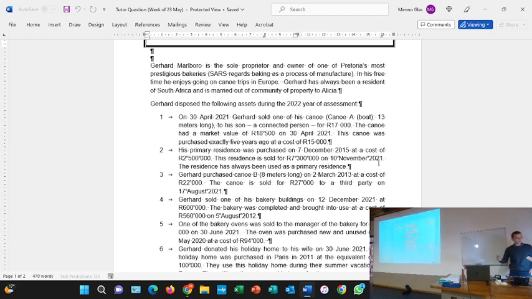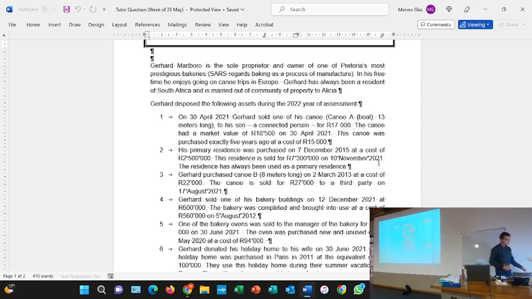Can you see that if you sell an asset above the base cost, the proceeds is more than the base cost, your recoupment will be equal to all your allowances claimed. So it's a fast way to check if you are correct, but that only relates to when your proceeds are more than the base cost.